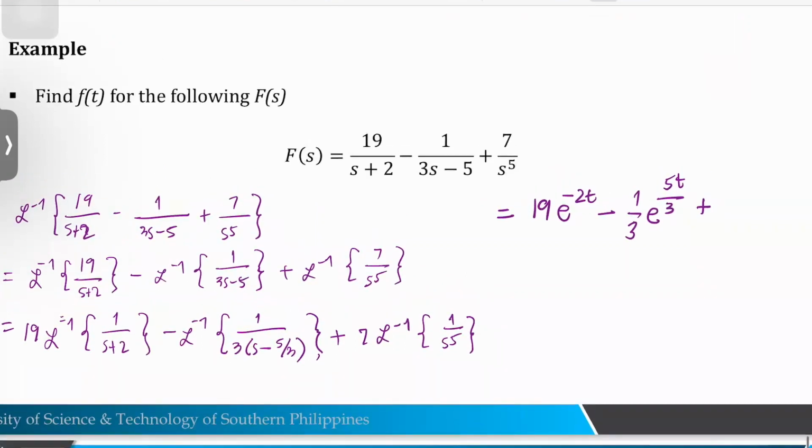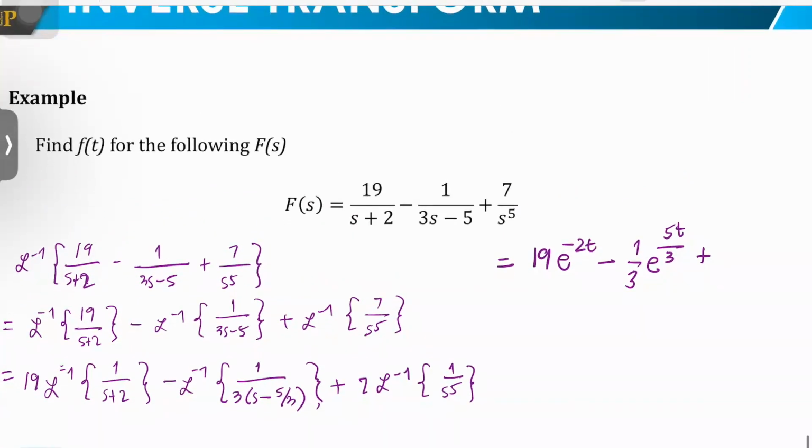Okay? We recall the Laplace transform of t to the n. That is n factorial over s to the n plus 1, if I'm not mistaken. Yes.